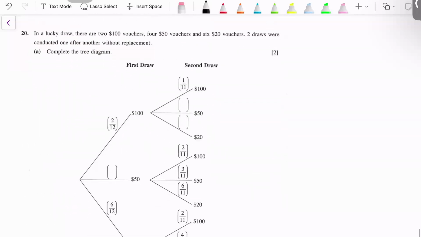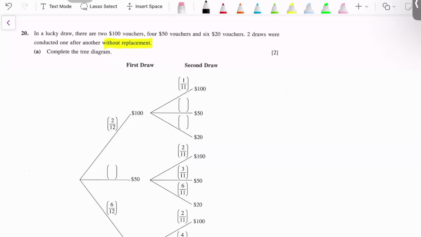Next, question 20. That's our last question. In this case, it says a lucky draw. There are a $200 voucher, four $50 vouchers, and six $20 vouchers. Two draws were conducted, one after another, without replacement.